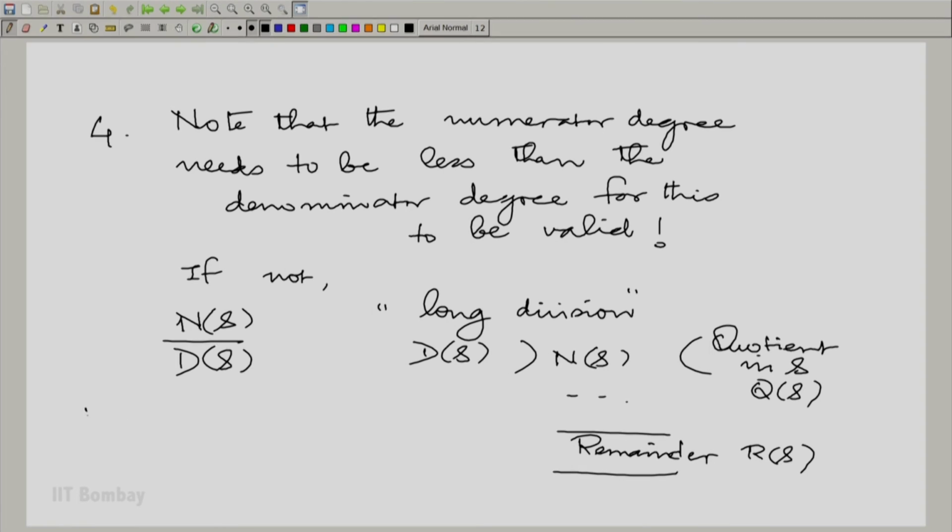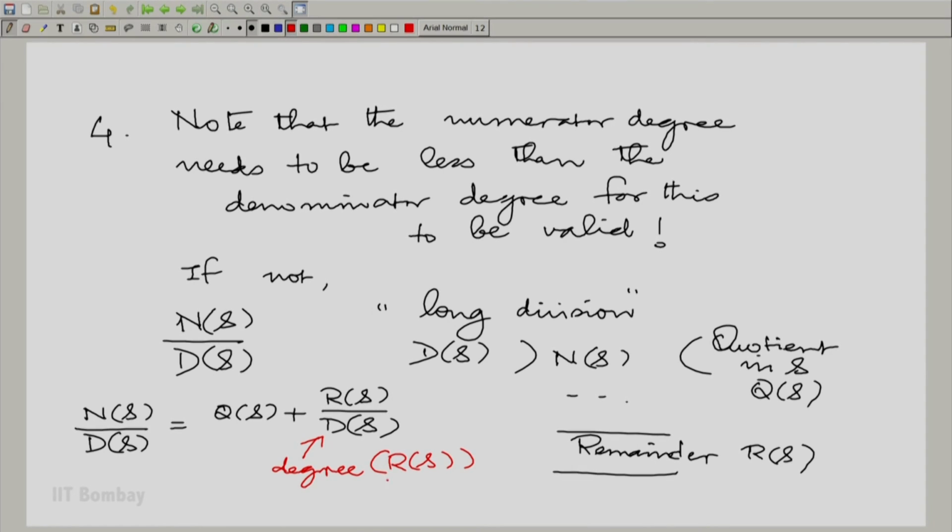That means you can write n of s by d of s as q of s plus r of s by d of s. Here, degree of r of s is strictly less than the degree of d of s, and q of s is a polynomial in s.